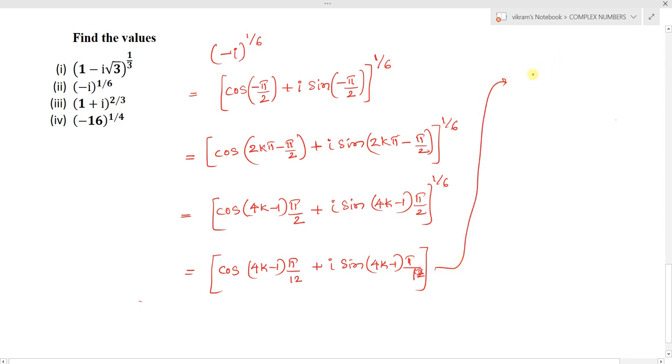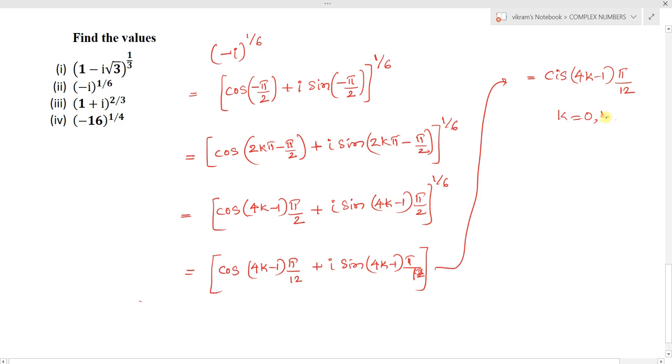This can simply be written as cis((4k-1)π/12), which is our required value, where k = 0 to n-1.